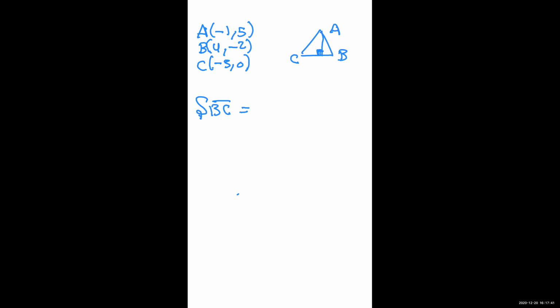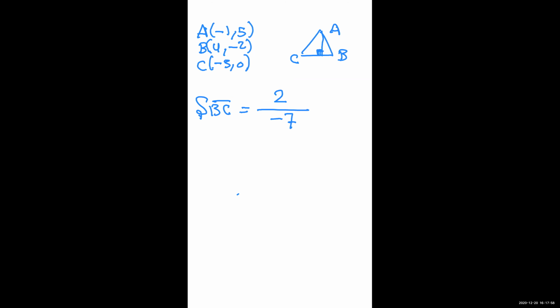So slope of BC will equal y2 minus y1, so 0 minus negative 2, which is 2, over negative 3 minus 4, which is negative 7.